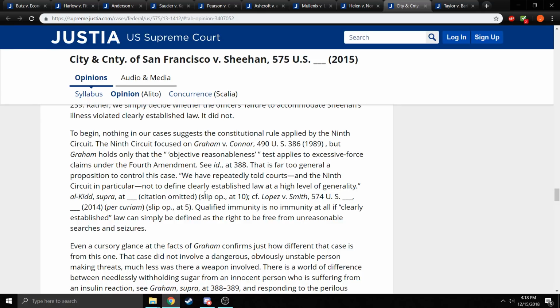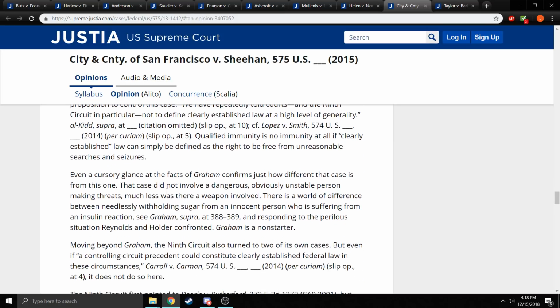And then they go on to say the difference between withholding sugar from an innocent person, or dealing with someone who's dangerous and obviously unstable. They're two entirely different things. So this is a good case to read that shows you the particularity at which the Supreme Court's looking, which is bad if you're trying to sue cops, because you really have to have something on point.